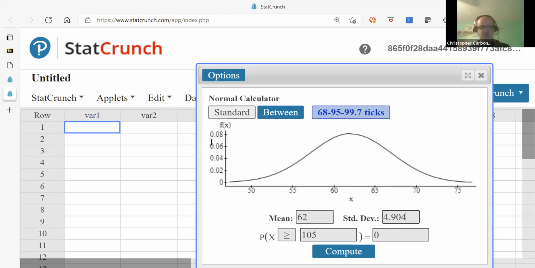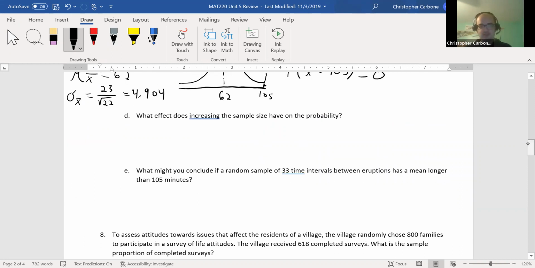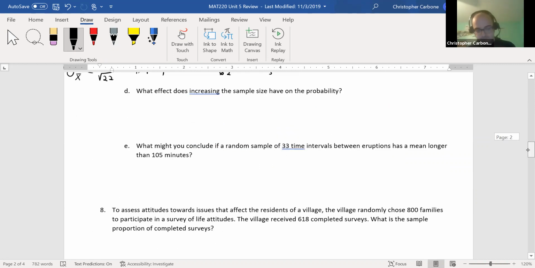So because of that, this gives us a probability that's effectively 0. Again, the one on the test is not going to be that small of a number, at least not that small where it's going to give you 0. What effect does increasing the sample size have on the probability? Well, we can see what happens. It decreases it.